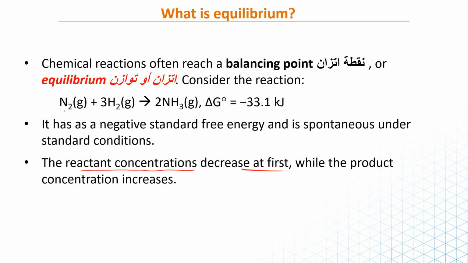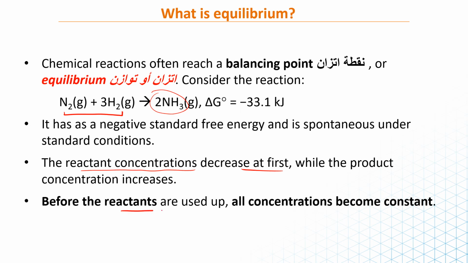At the beginning we have only reactants, عندنا بس المتفاعلات. فلما يبدأ التفاعل يقل المتفاعلات لأن قاعدين نستخدمهم, and the product concentration increases. والproduct قاعد يزيد لأن إحنا قاعدين نكون فيه. Before the reactants are used up, all concentrations become constant. يعني قبل ما نخلص المتفاعلات خلاص الكميات تثبت, ما يصير في أي تغير في الكميات لا للمتفاعلات ولا للنواتج.